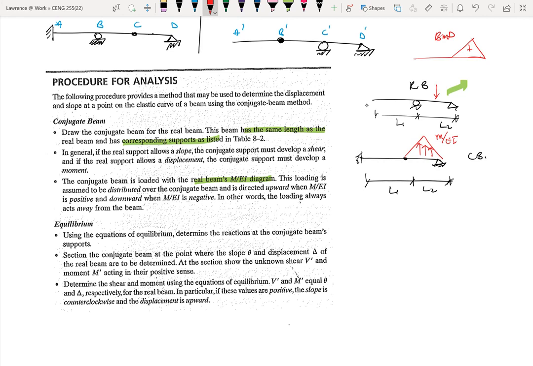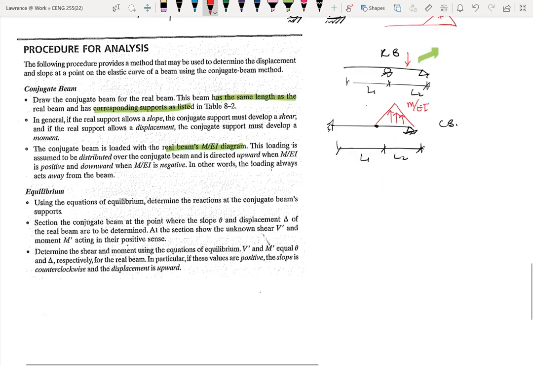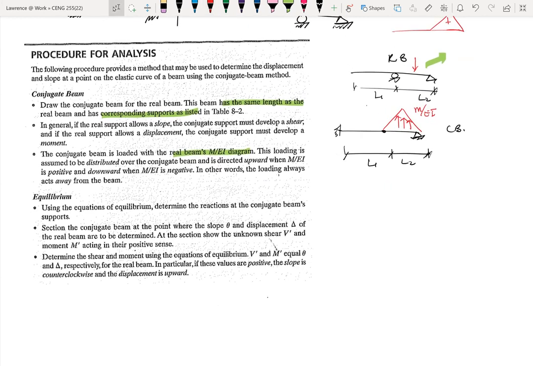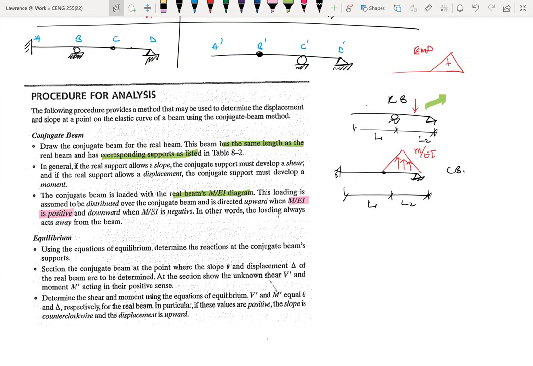This loading is assumed to be distributed over the conjugate beam, and a few things to note. If our bending moment diagram is positive, like in my case, then the loading direction on the conjugate beam should be upwards.